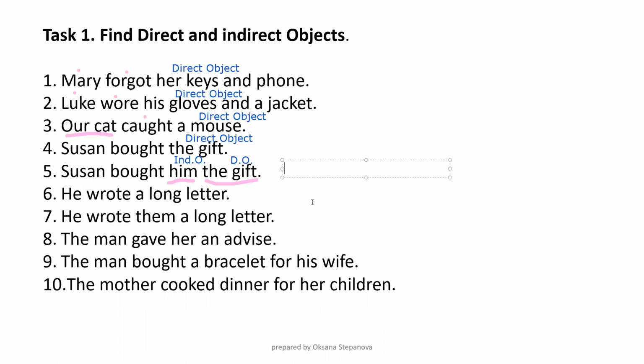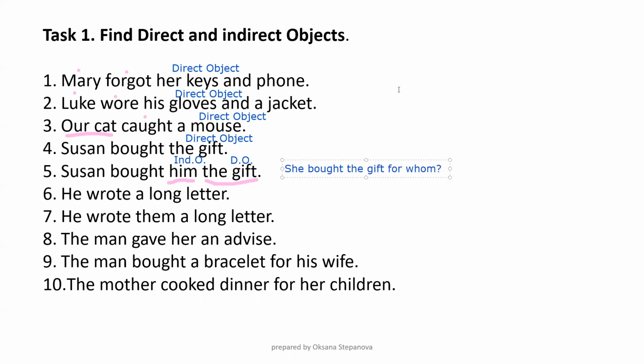So if we look at this sentence like this, she bought the gift for whom, right? She bought a gift for whom?